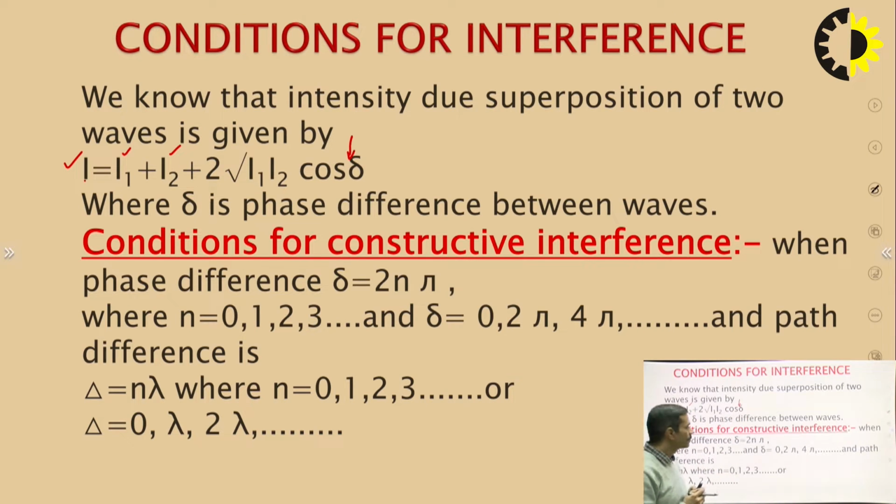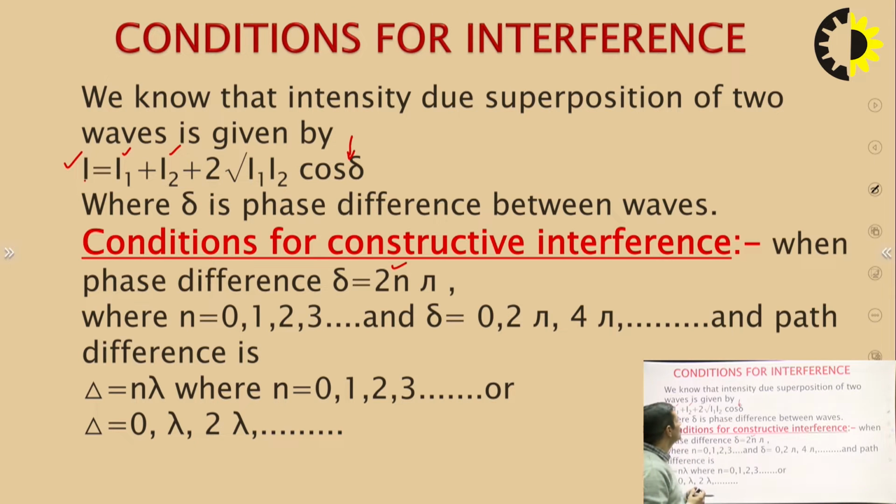If the phase difference delta equals 2 n pi, that means an integer multiple of 2 pi, then cos delta will be equal to 1, and I will be maximum.